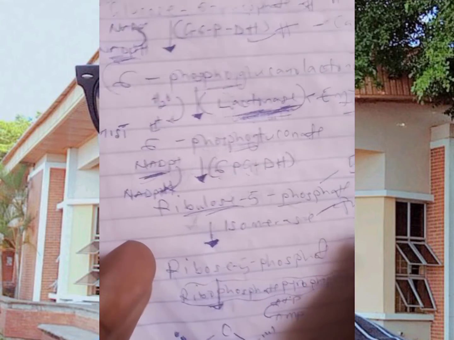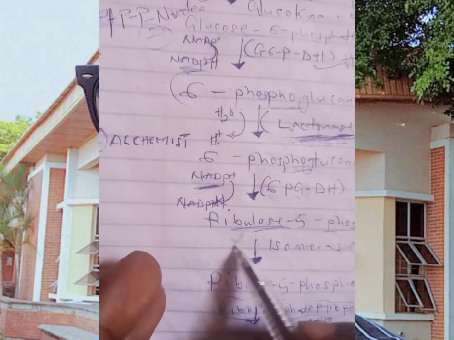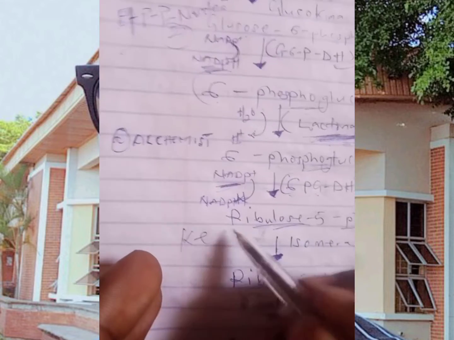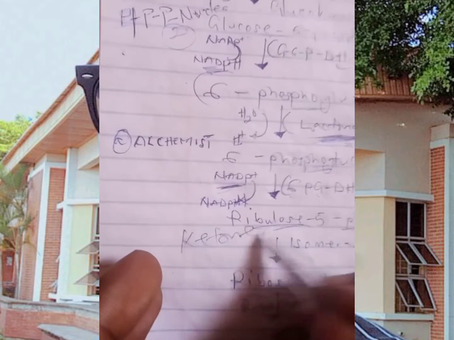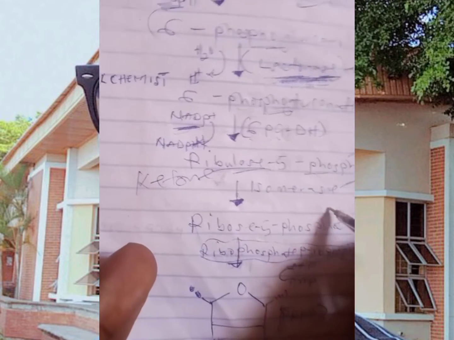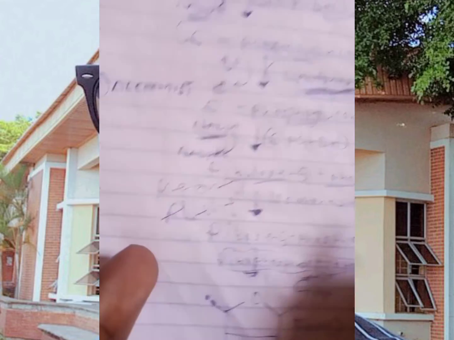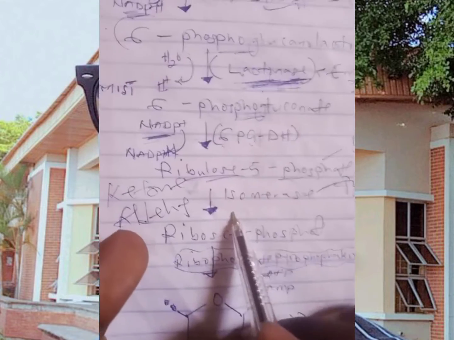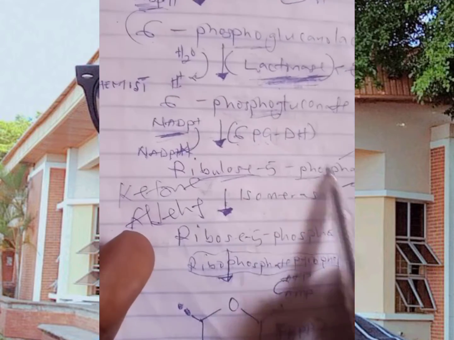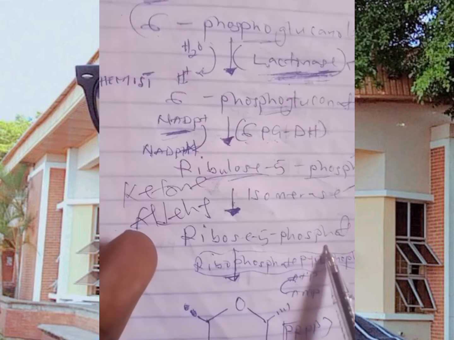The functional group we have in our ribulose 5-phosphate is a ketone, and what we intend to produce is an aldehyde functional group. So we introduce an enzyme known as isomerase to catalyze this reaction, and we are going to get ribose 5-phosphate.